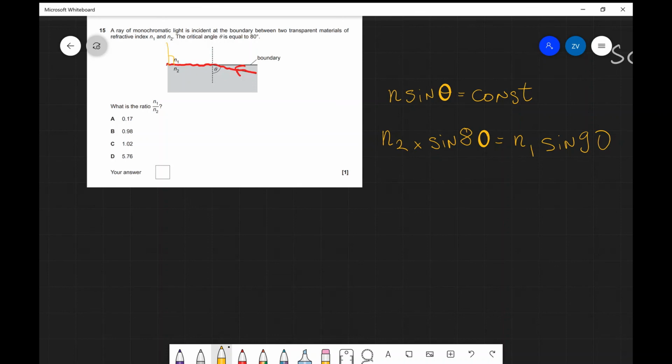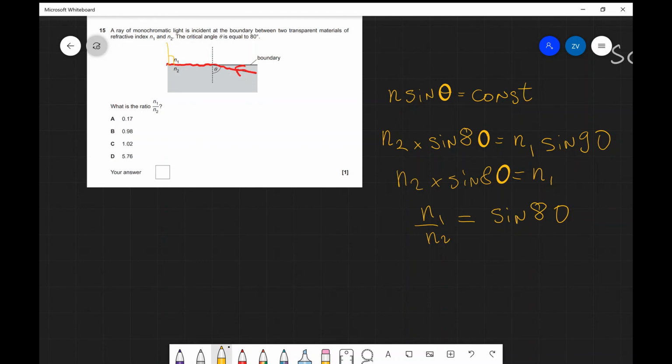Okay, so we're looking for the ratio n1 over n2. So all we need to do is just rearrange for n1 over n2. So n2 times sine of 80 is just going to equal n1 because sine of 90 is 1. So n1 over n2 is just going to equal sine of 80.